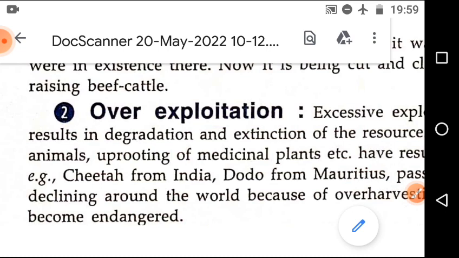We know from our childhood that in the dairy industry we use cows. But for commercialization, for making profit, we are using the cows too much for their milk production, and that's why we are putting in some injections. I don't know what that injection is.